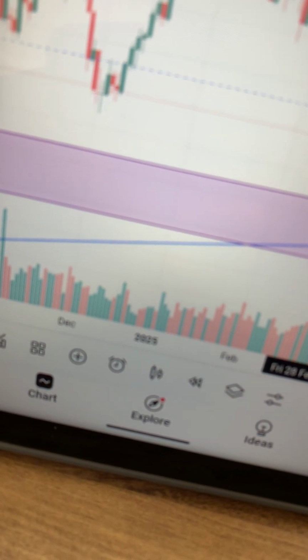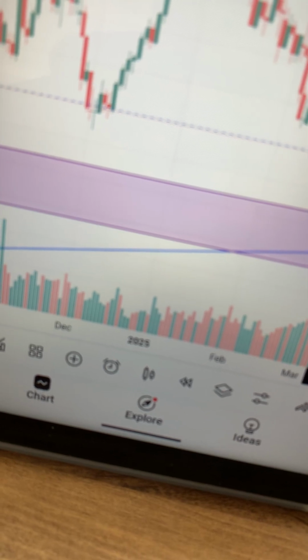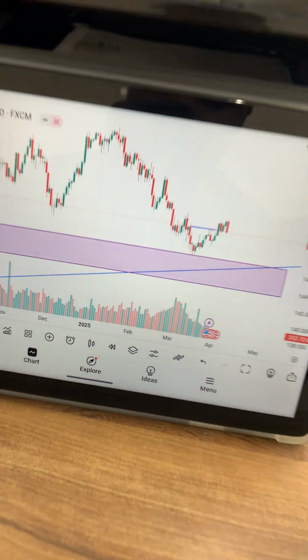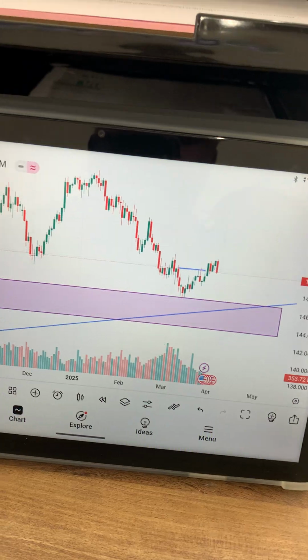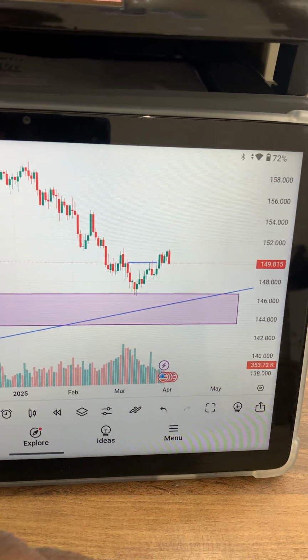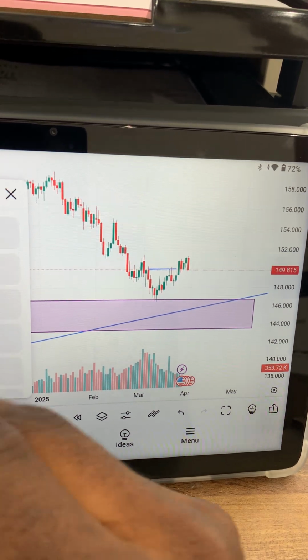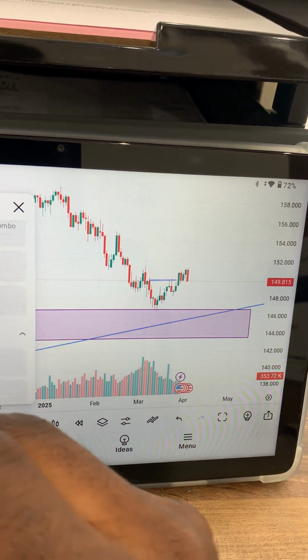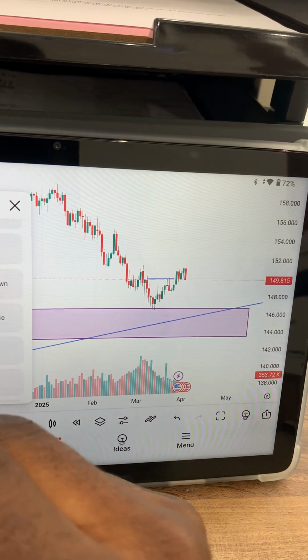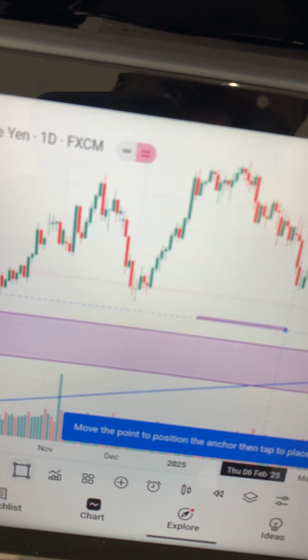Not actually a good break of structure, but a break of internal structure. And if you look very well, you discover that the market is targeting this demand zone down here. That's the 4 hour demand zone where you'll be looking to take entries for a buy.